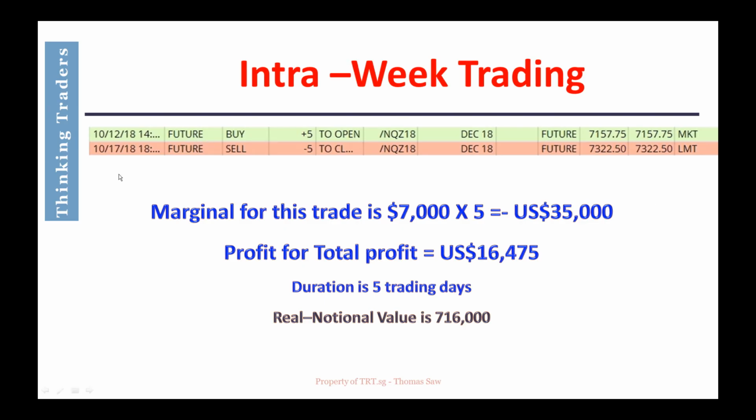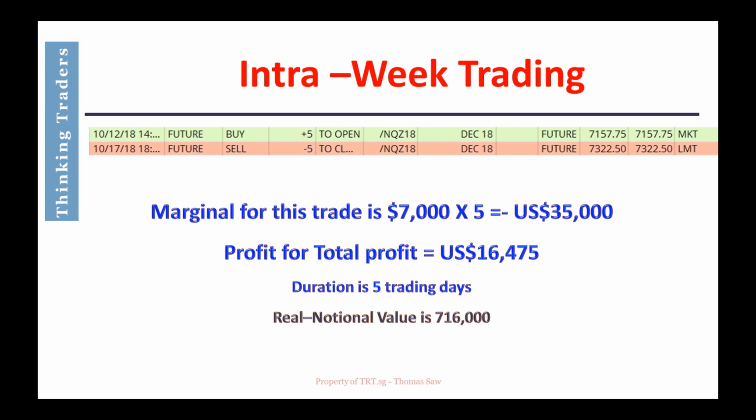Buy 5 contracts, enter on the 12th, take profit on the 17th, $16,000. But look carefully, duration is 5 days. What is the real value? The value is 71,600 units, because I got 5 contracts here.